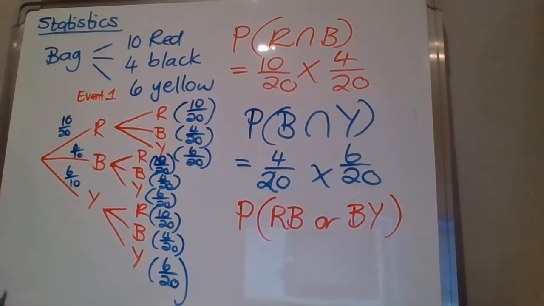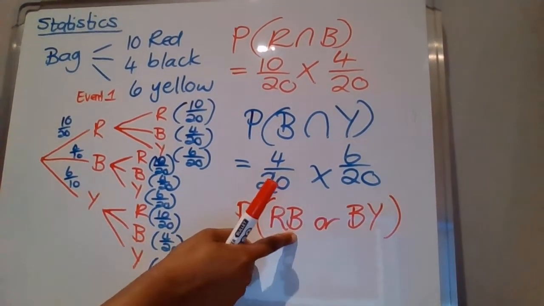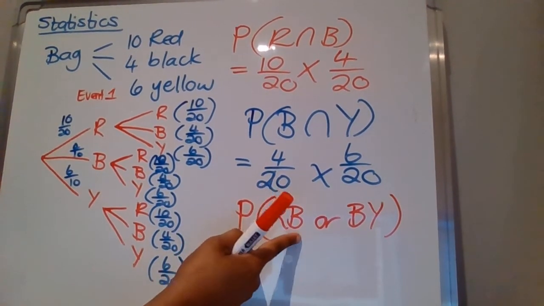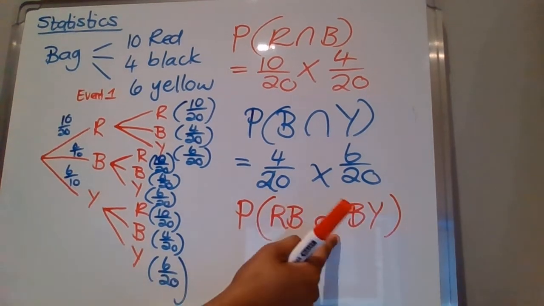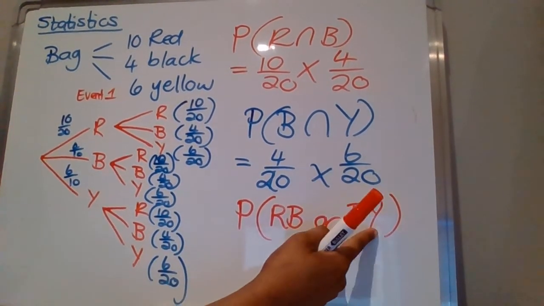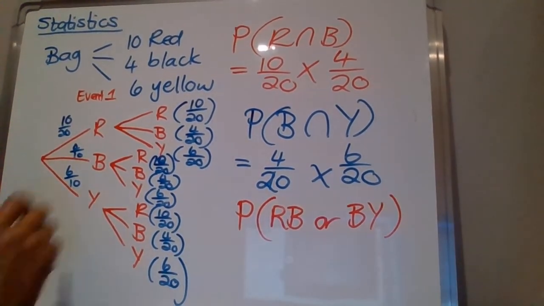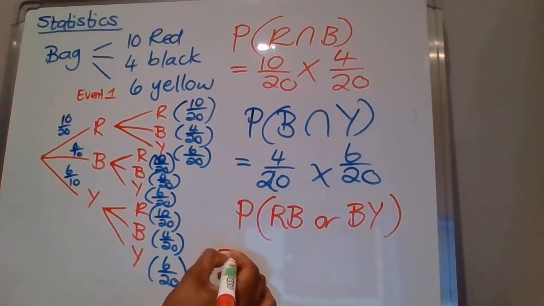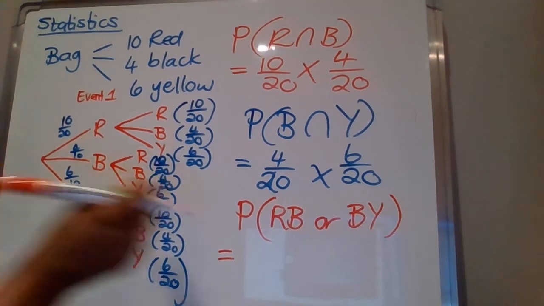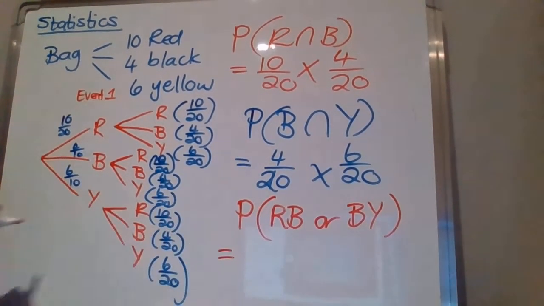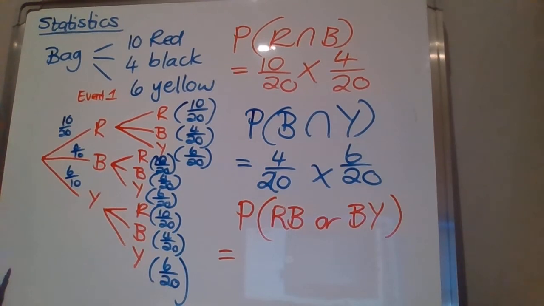Okay, so what is the probability that I pick a red and a black ball, or I have picked a black and a yellow ball? All right, so now here it becomes a little bit different. Okay, here remember, when you have an or sign, then you are going to add your probabilities.